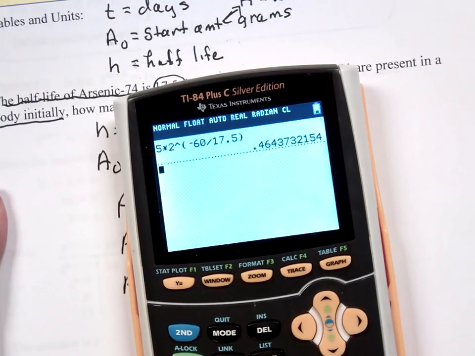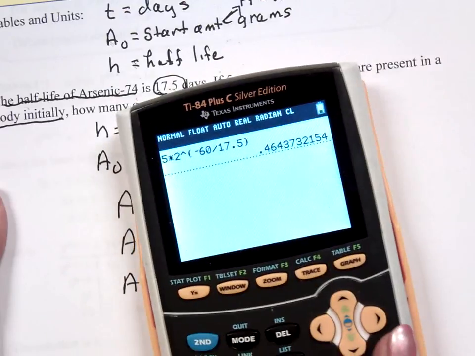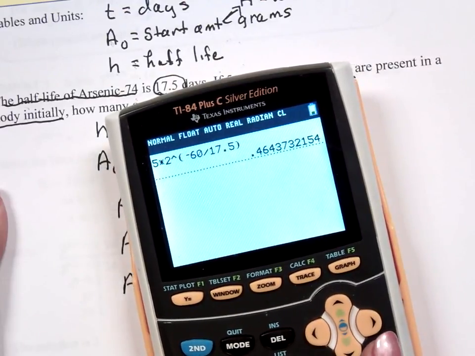And it ends up being, they don't tell me how many places, but let's take it to 3 places. 0.464.